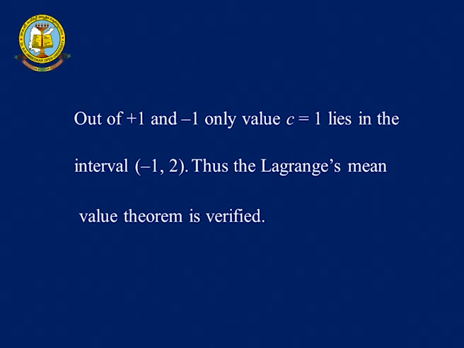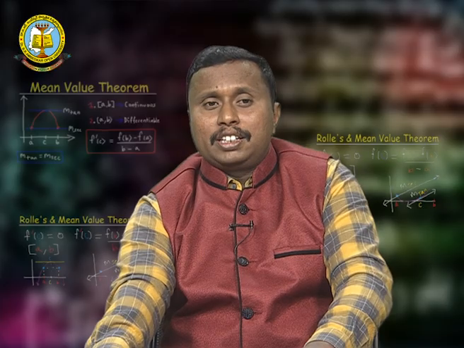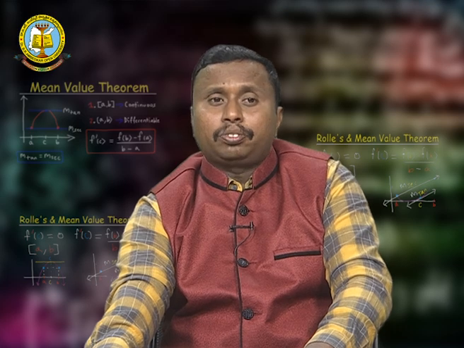Here the important point is that minus 1 is out of the open interval minus 1 comma 2, but plus 1 is in the interval minus 1 comma 2. So therefore we can say that the c value is 1 and therefore the Lagrange mean value theorem is verified for the function.